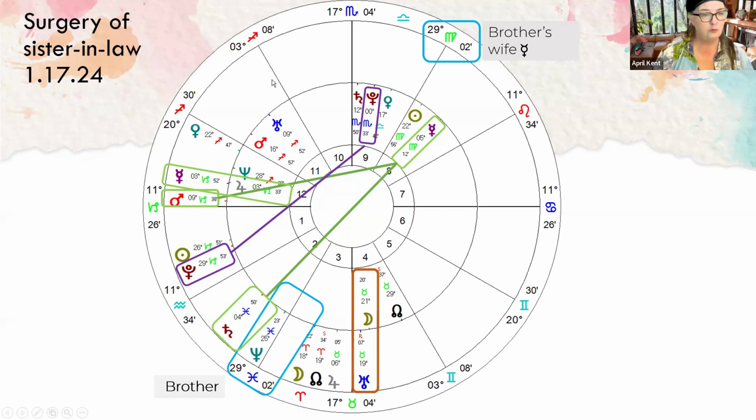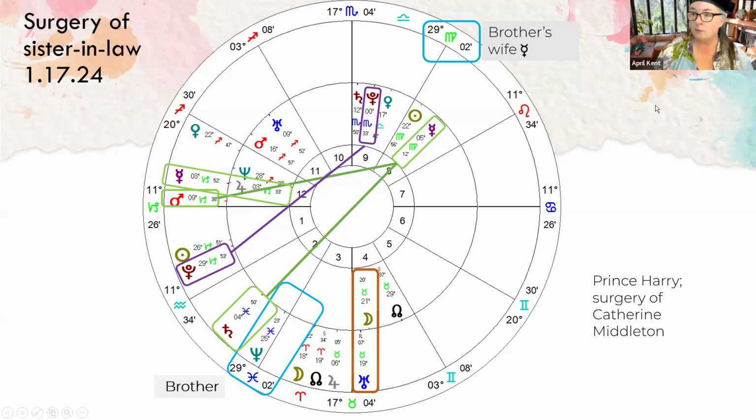1, 2, 3, 4, 5, 6, 7, 8. And remember that the 8th house is the house of serious illness. So it's not just an outpatient situation. She's going to go in and come out and everything's going to be fine. There at the very least are going to be follow-ups and big things that she's going to have to contend with.